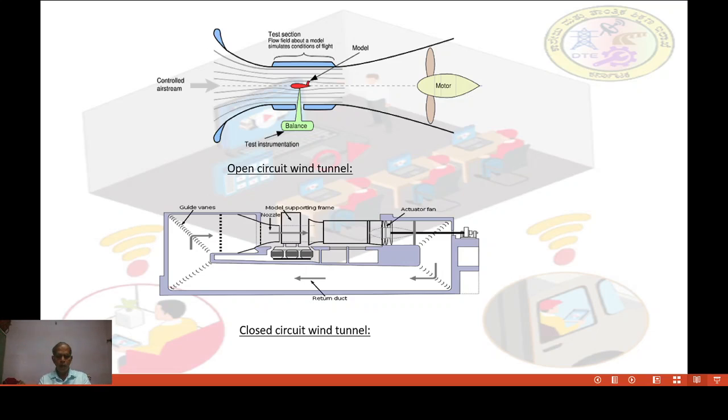Closed wind tunnels have more uniform flow than open type. No variation in the flow. This is usually the choice for large wind tunnels, as these are costlier than open type wind tunnels.